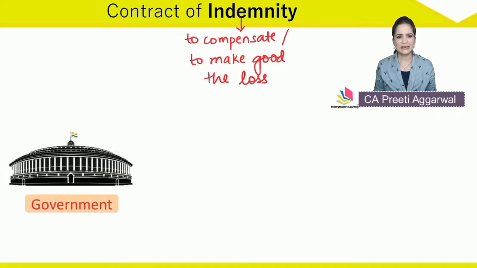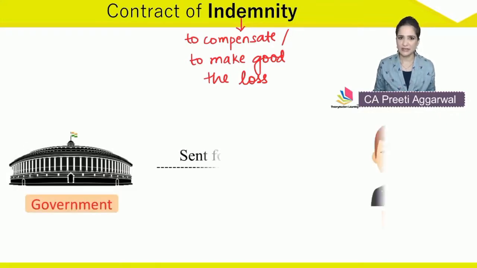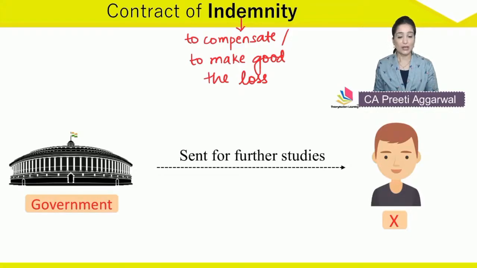Now let's say that the government of India sent X to the Cambridge University for further studies. So they have sent X for further studies to some foreign country. All expenses paid by the government.